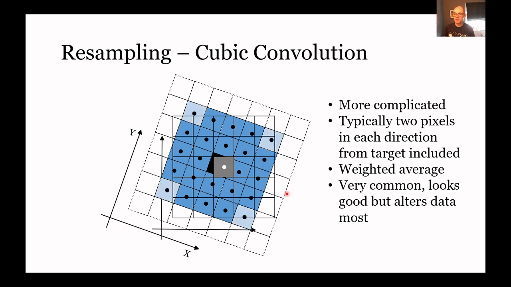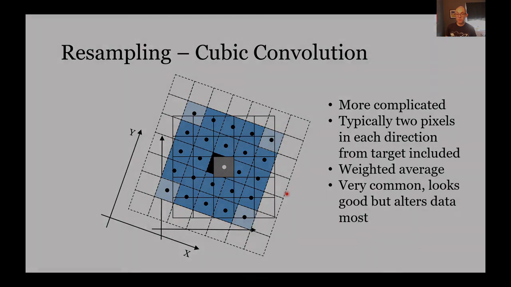And this can be expanded to even more cells, pixels, depending on what we're doing. But again, this changes the values that are actually present in the image, so it's not appropriate for discrete data, class data, and not really appropriate for image analysis. So both of those methods look good, but do come with some baggage, some problems that it is quite important to consider.